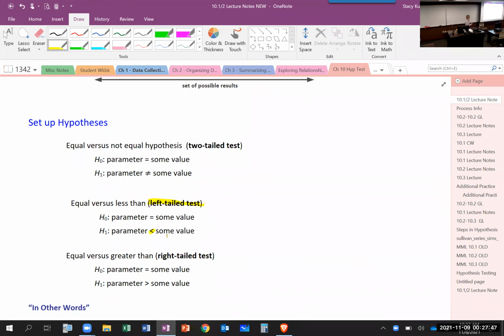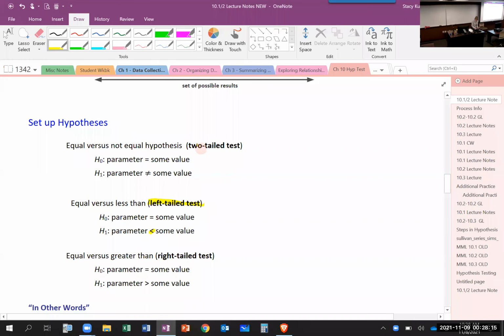Now remember what parameter was. The parameter is the population's value. So in a left-tailed test, we're suggesting that the alternative would be less than the population's. That was the test that we just ran: that he was successful in his predictions less than 50% of the time. That would be considered a left-tailed test.